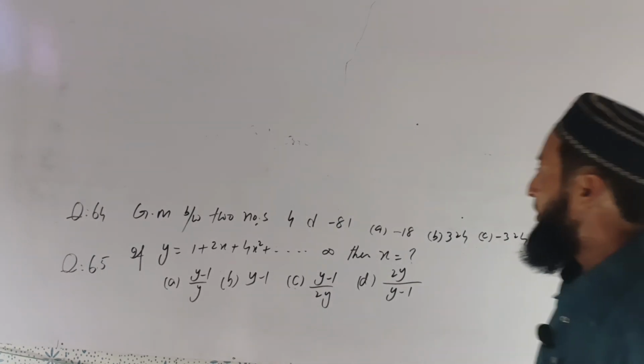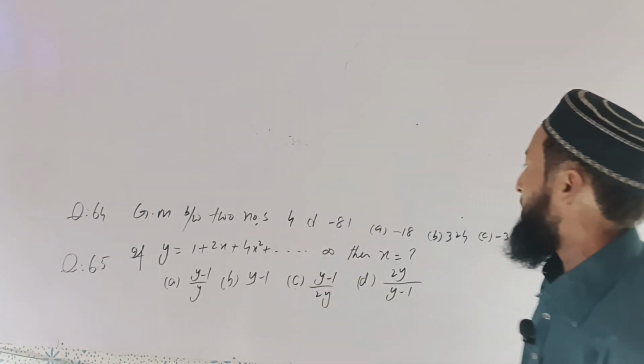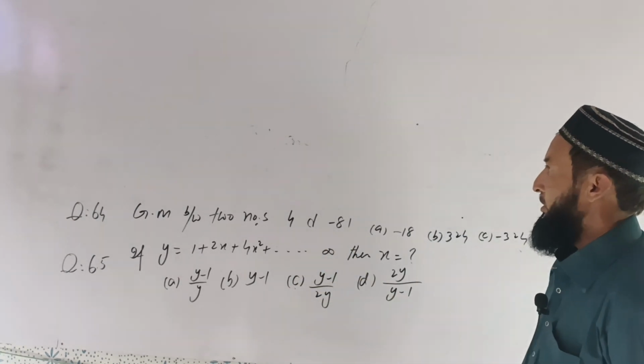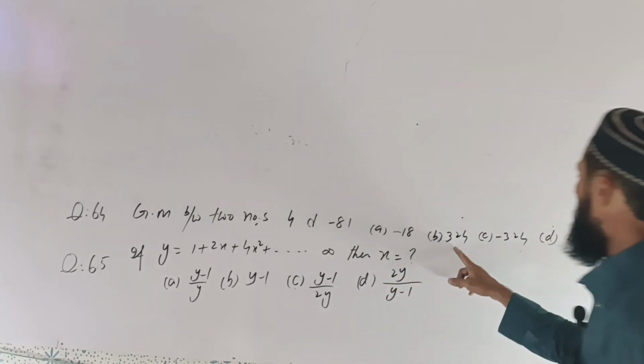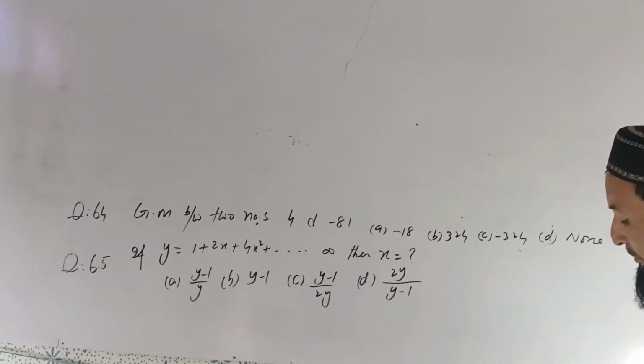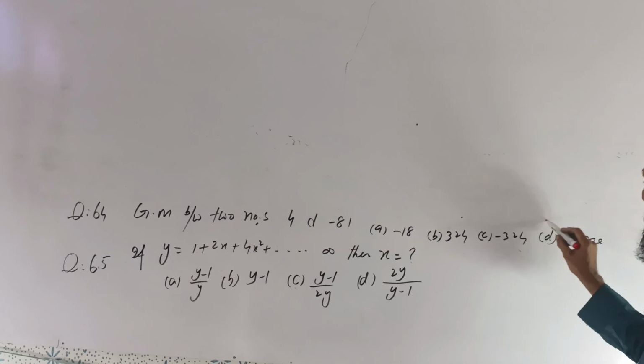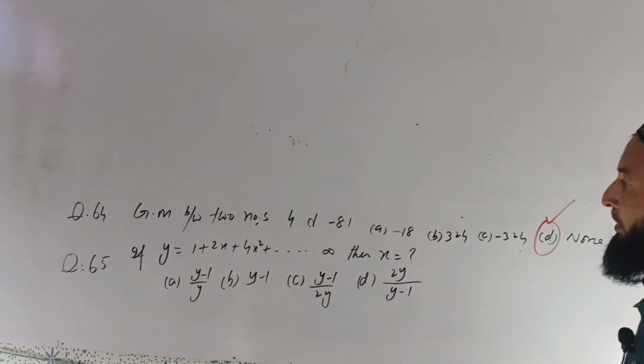Geometric mean between two numbers 4 and minus 81. The options are: minus 18, 324, minus 24, none of these. None of these is directly guessed from the properties.